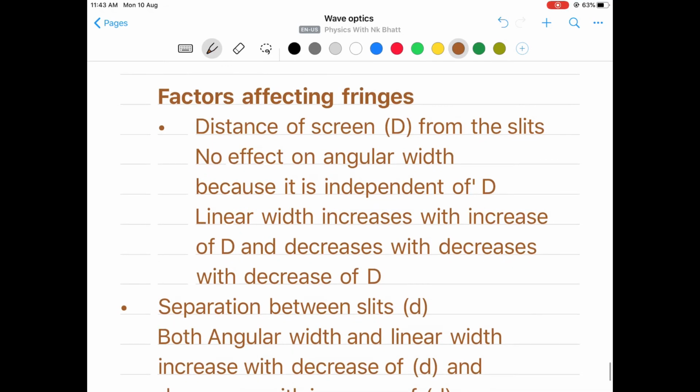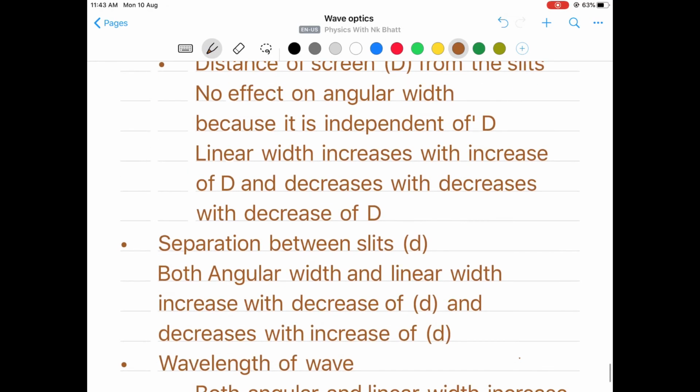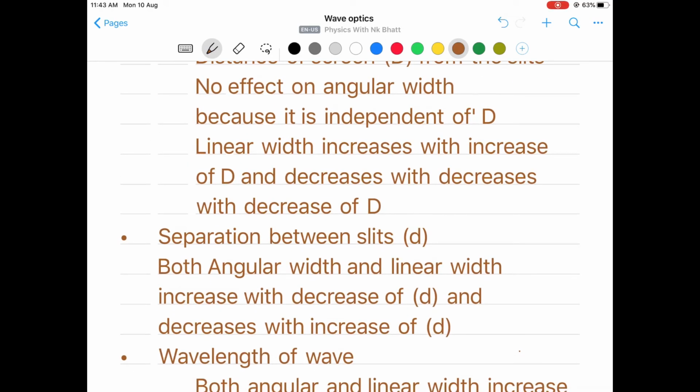The second factor is separation between slits, that is small d. In both the formulas, whether it is angular width or linear width, the small d is present in the denominator, so these two are inversely proportional to small d.